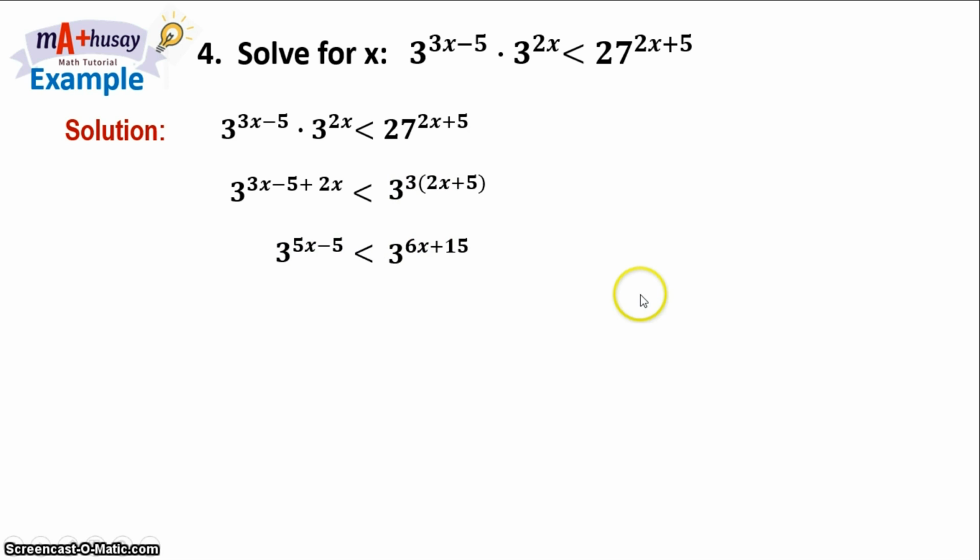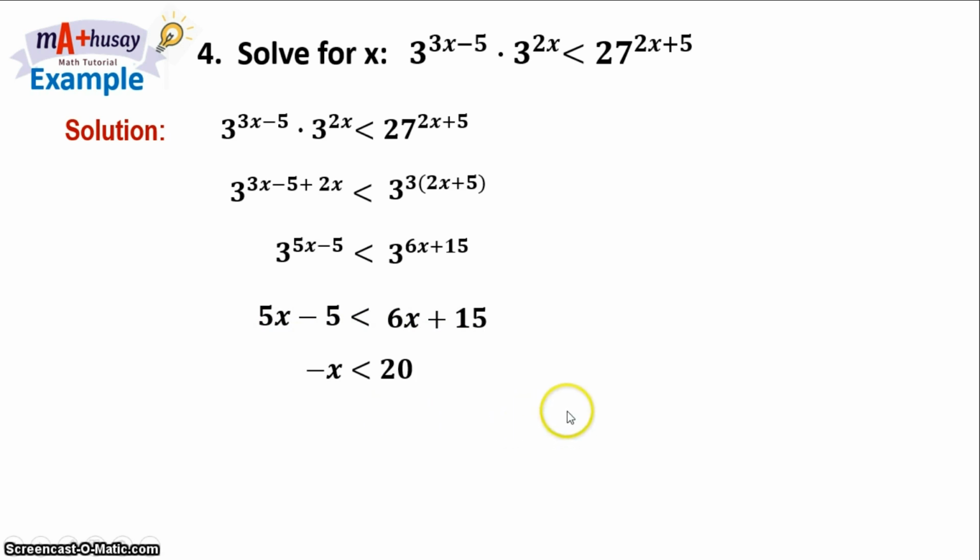So, since ang base natin is 3 and it's greater than 1, again, hindi magbabago yung ating inequality symbol. So, yung ating inequality is equivalent to 5x minus 5 less than 6x plus 15. Solving for the value of x, we have negative x less than 20.